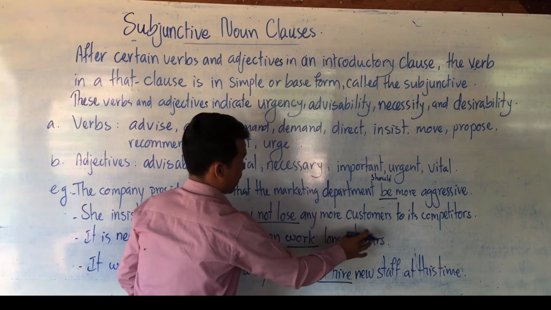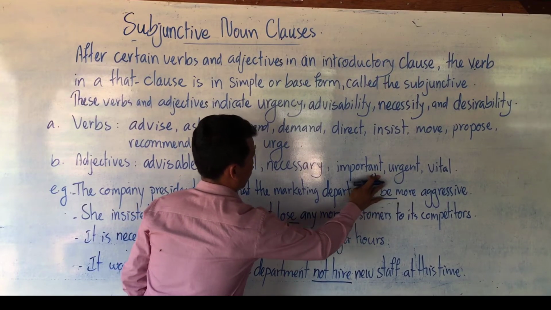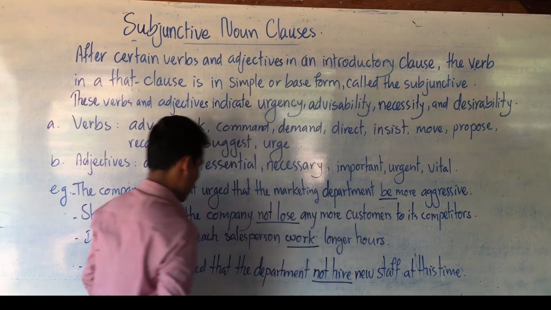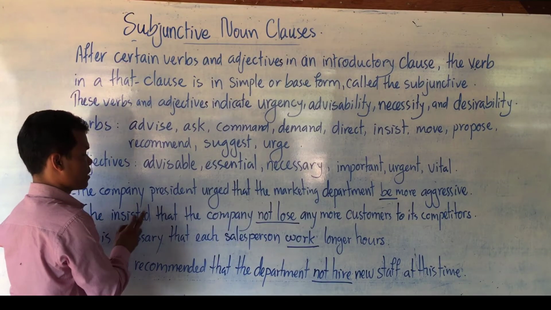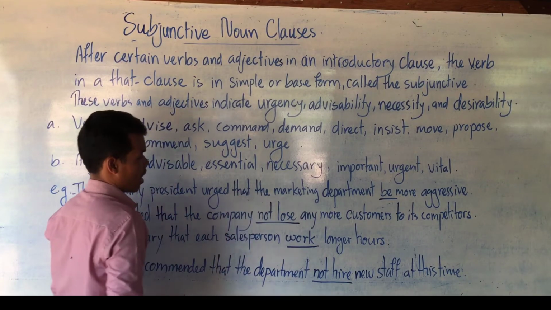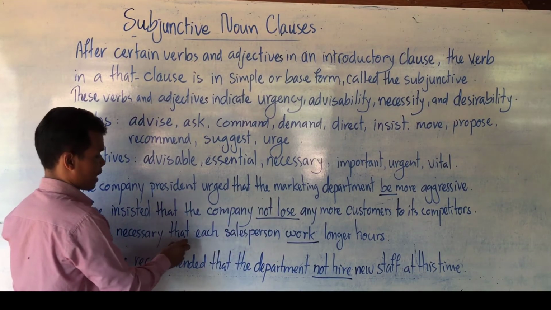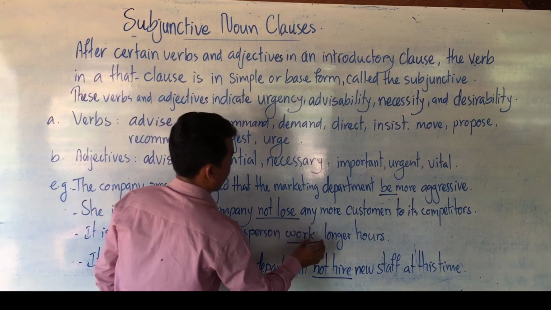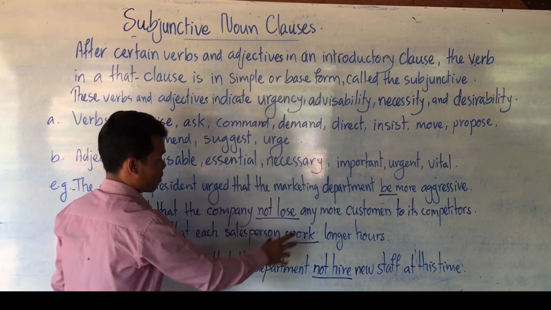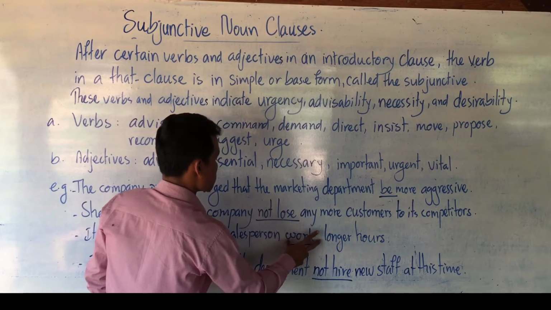After should we use base form, but in a subjunctive noun clause we cannot write should like this. We only use base form. Like this too: she insisted that the company should not lose. Actually, should not. And it is necessary that each salesperson should work longer hours. But should is not used here. In our subjunctive noun clause, we focus on base form only.